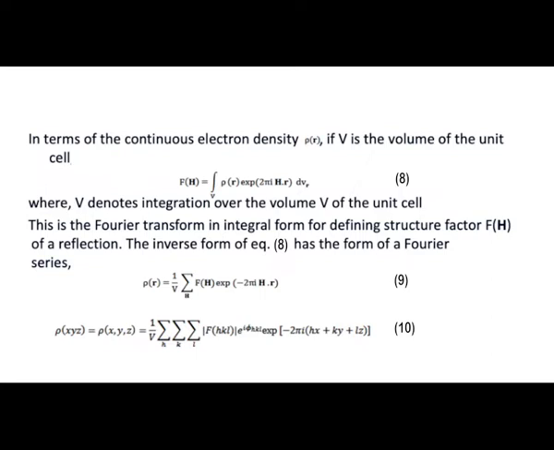Now if we look at equation 10, I define rho of x comma y comma z, which I denoted as rho of xyz. It's not a product of x y z.